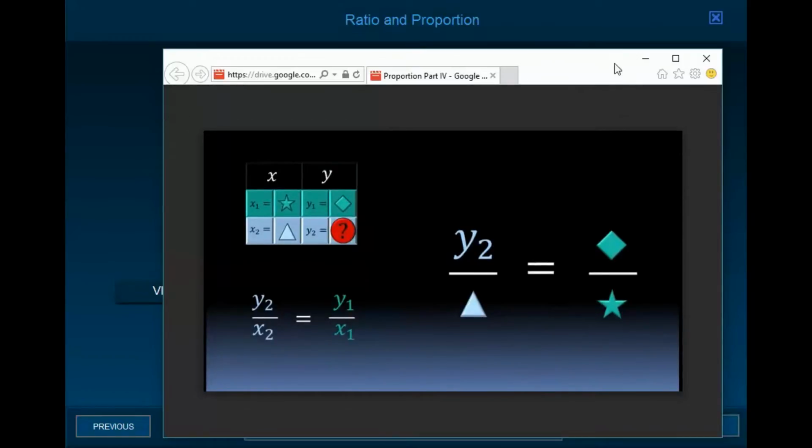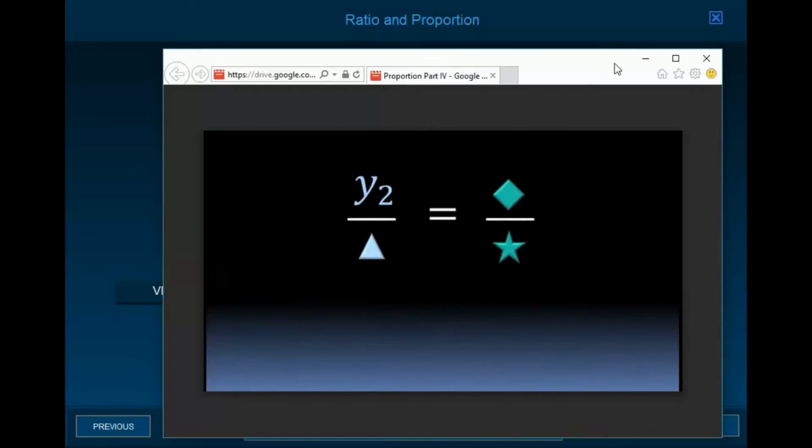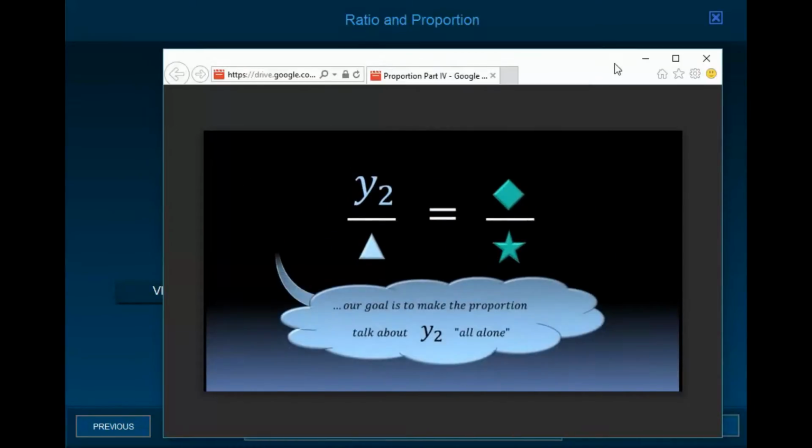We are at this point now. And remember, our goal is to make the proportion talk about y sub 2 all alone.